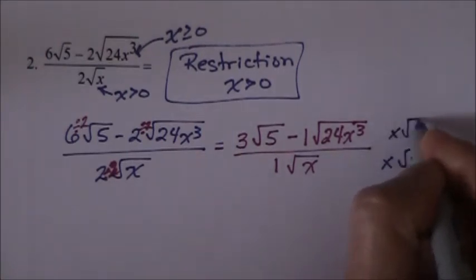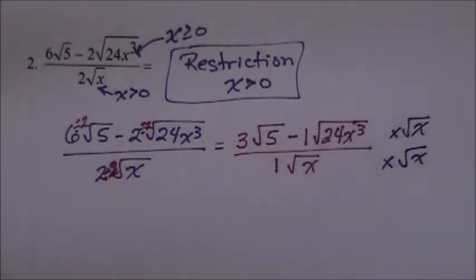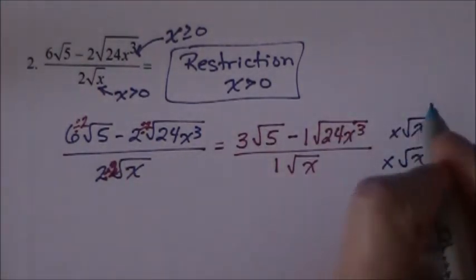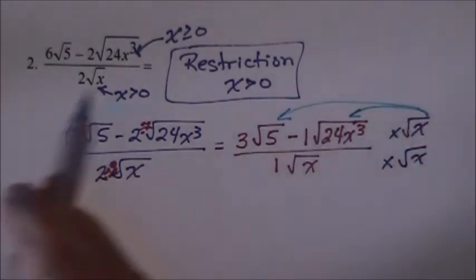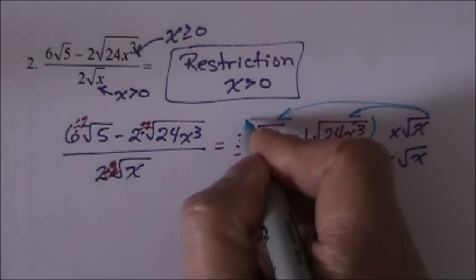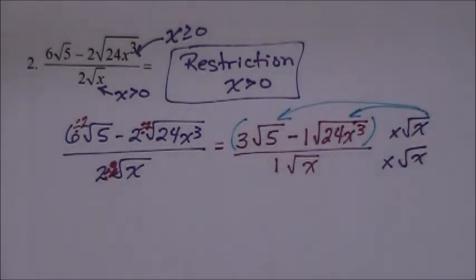Now, as we go to multiply the top, what happens here is this has to multiply both items in the numerator, which means it's as if there's an invisible set of brackets around that numerator as we go to multiply.